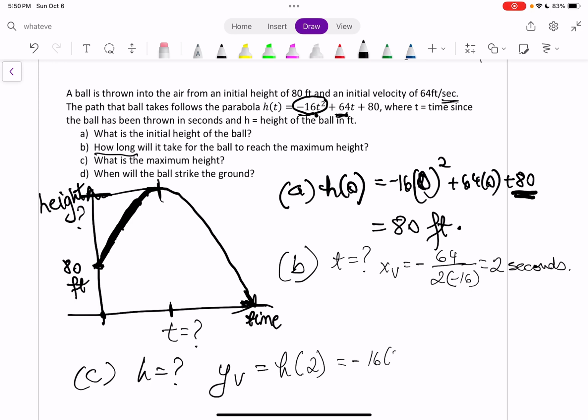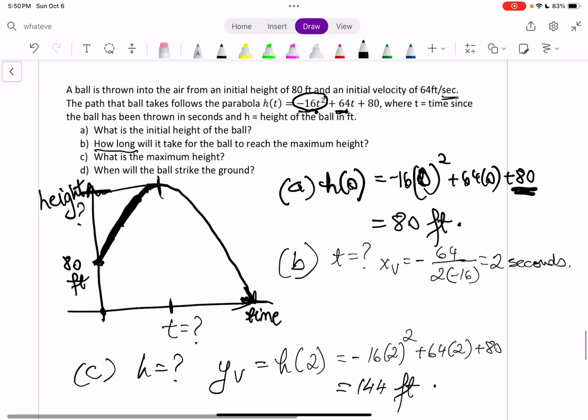So negative 16 times 2 squared plus 64 times 2 plus 80. So that's going to be negative 16 times 4 plus 64 times 2 plus 80. So that's 144 feet. So in other words, it's going to take 2 seconds for the ball to go from 80 feet up to 144 feet. And then the ball is going to come down to the ground.